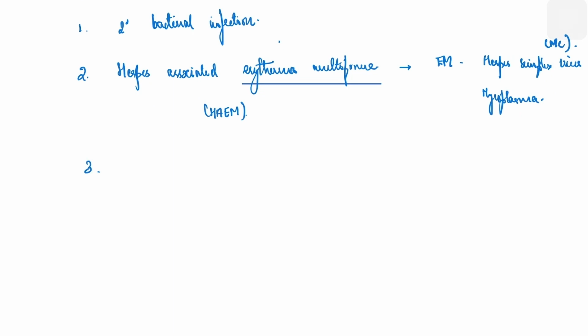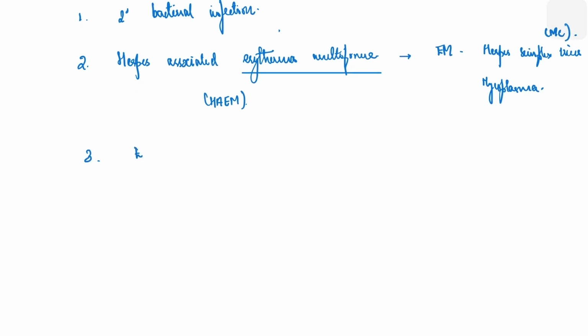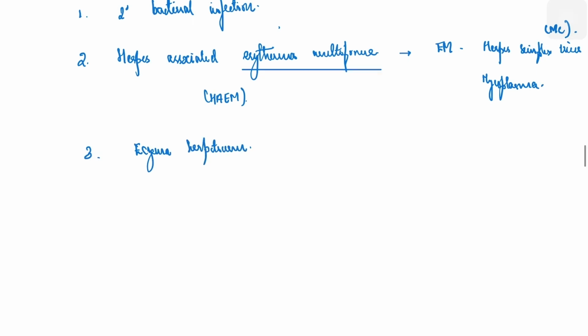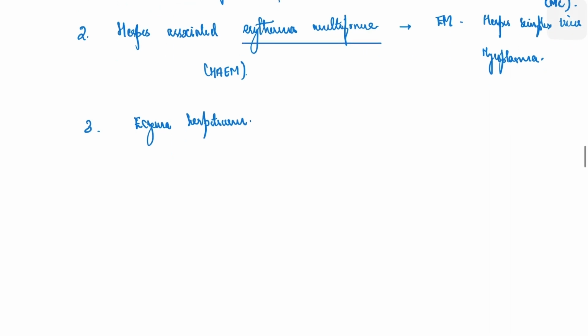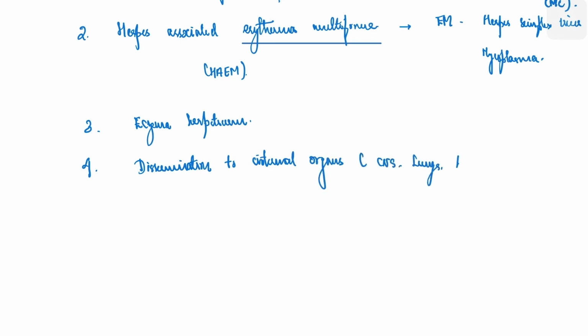The other complications can be eczema herpeticum, where a herpes infection is superimposed on a pre-existing dermatosis. There could be dissemination to internal organs such as the CNS, lungs, and liver.